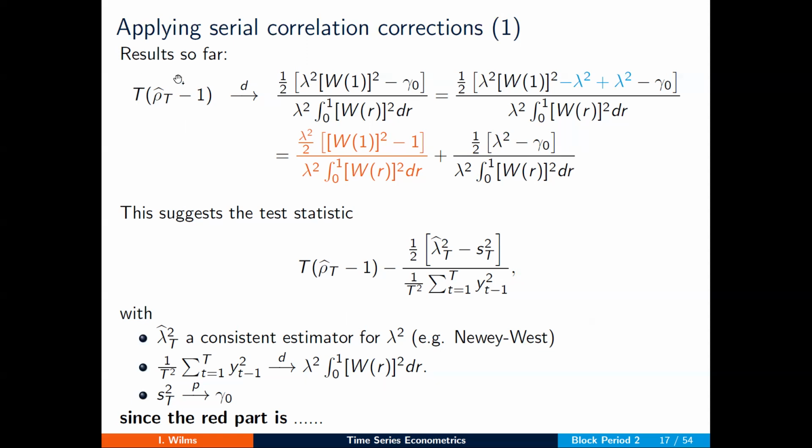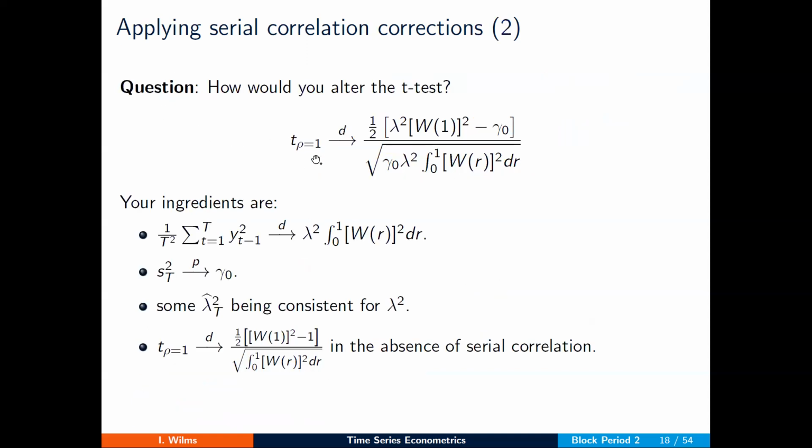So we looked at the trick for this test statistic, so sample size times rho hat minus 1. But we also have another test statistic, our regular t statistic. Can you do the same trick over here? Well, yes.